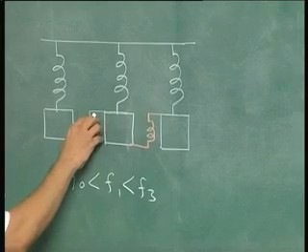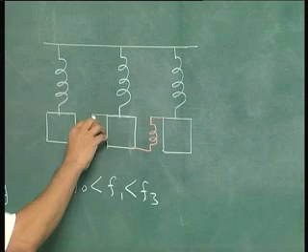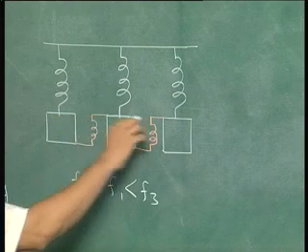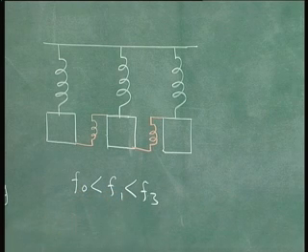If you go on increasing the coupling strength between two oscillators or the strength of each of these individual springs, then the separation between F0, F1 and F3 will go on increasing.